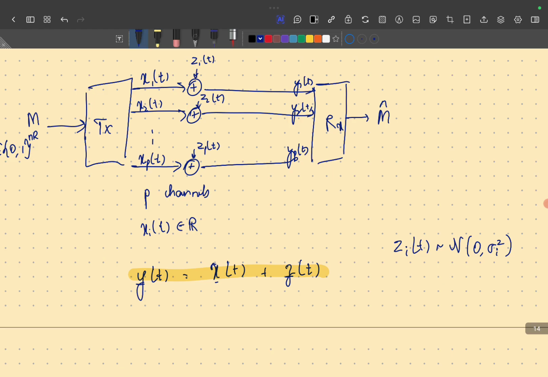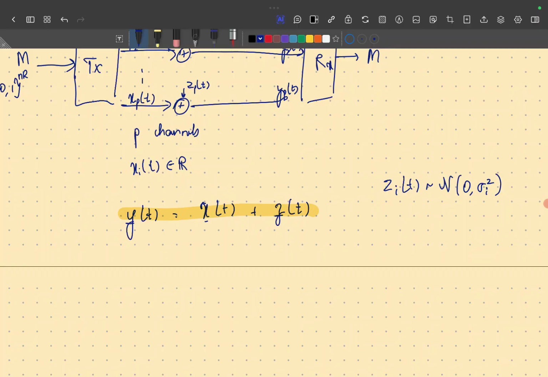They're all independent, but they're not identical. So in the first sub channel, I see a noise variance of sigma 1 square. In the second sub channel, I see a noise variance of sigma 2 square, and so on and so forth. The fact that these are non-identical is very important for us.